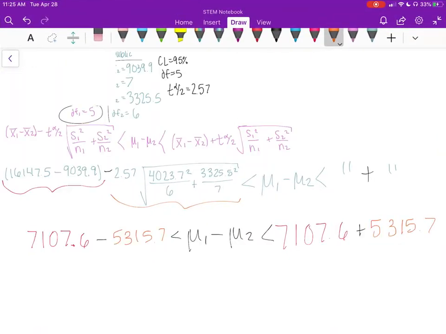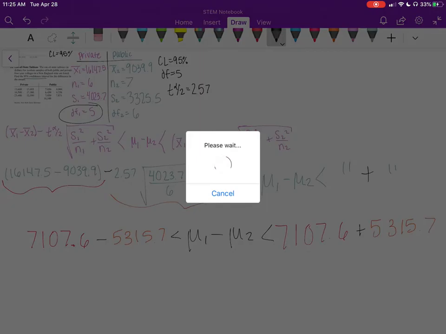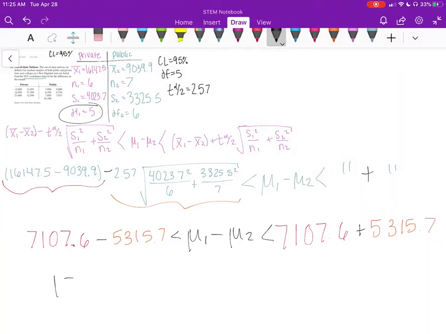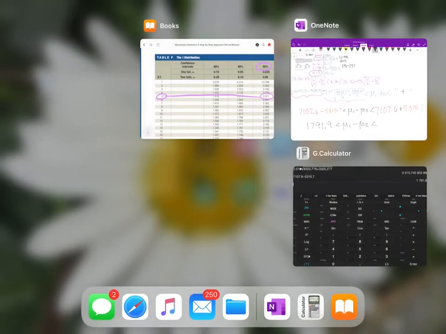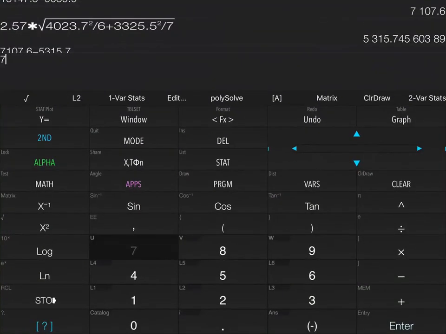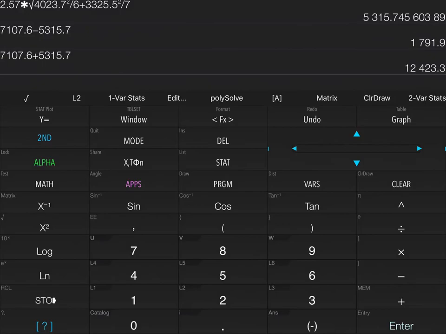So we get 1,791.9 less than mu1 minus mu2 is less than 7,107.6 plus 5,315.7, which is 12,423.3.